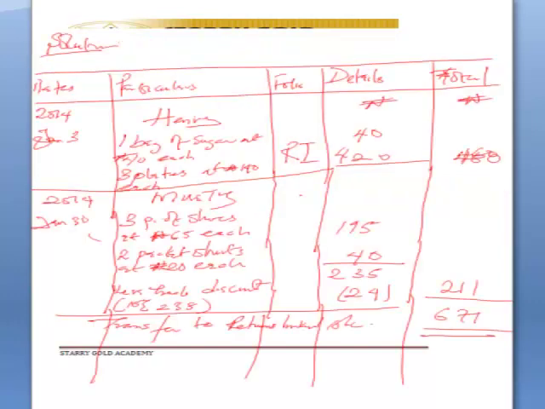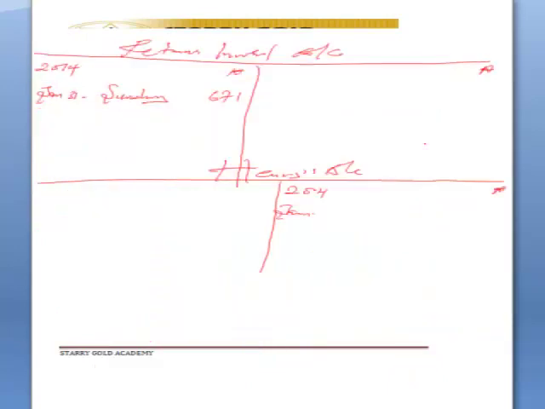On January 3rd, he returned a total sum of 460. So returns inward, 460.